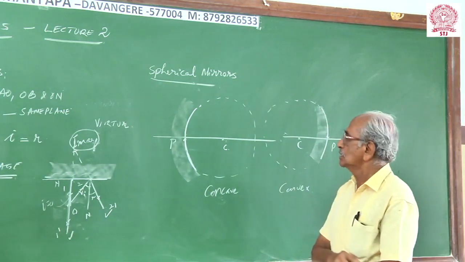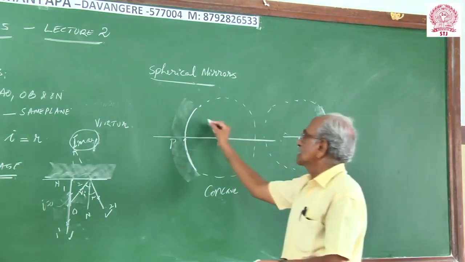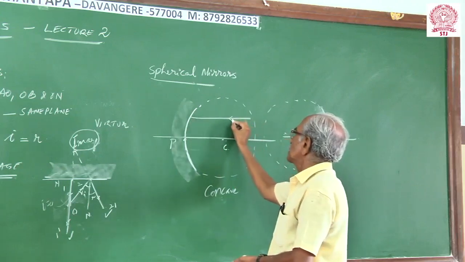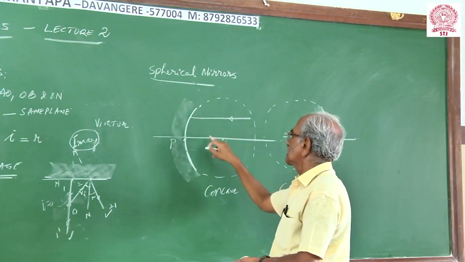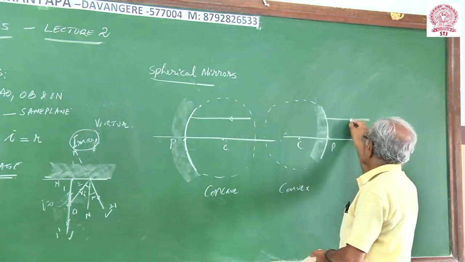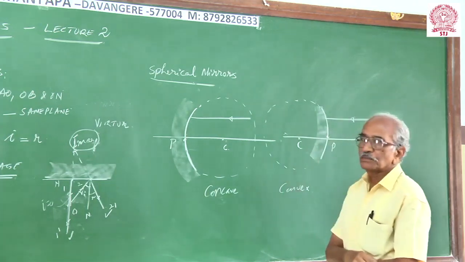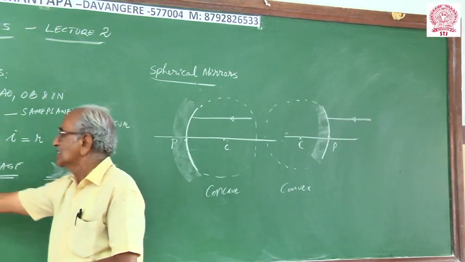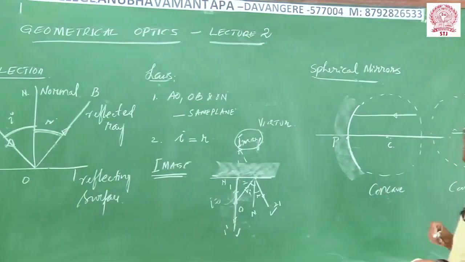Now, I'll take a ray incident on the mirror, traveling parallel to the axis. I apply these laws and see where it goes.